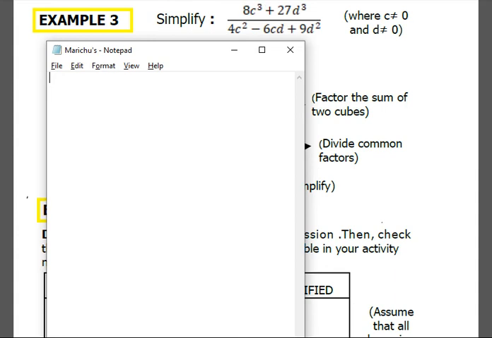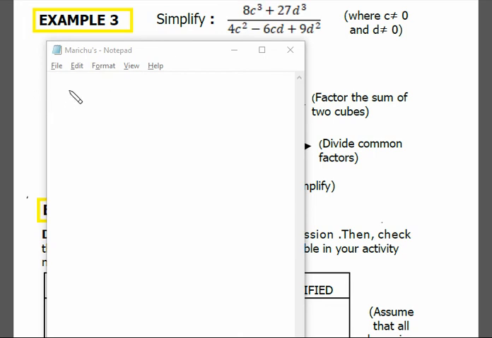Okay. So I don't need to copy the expression, but let me read it out. 8c cubed plus 27d cubed all over 4c squared minus 6cd plus 9d squared, where c and d are non-zero.